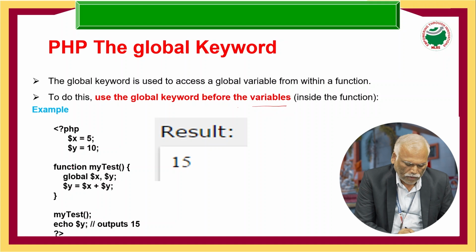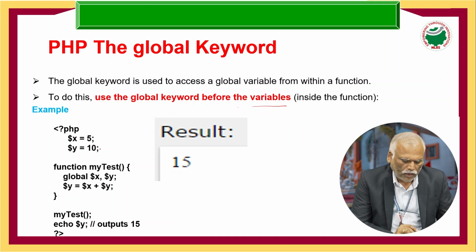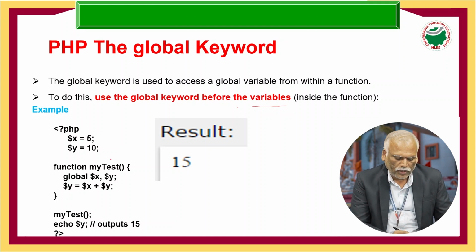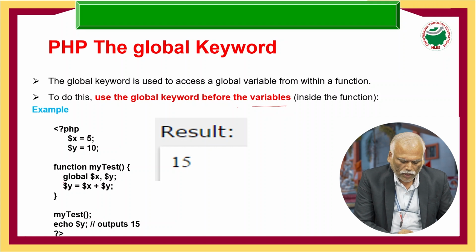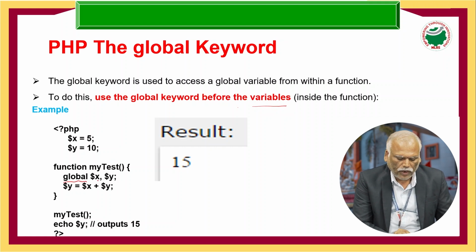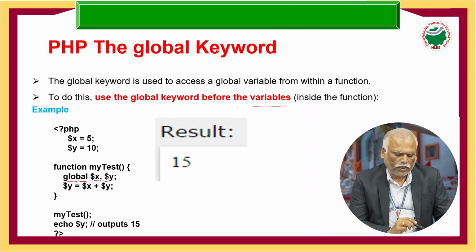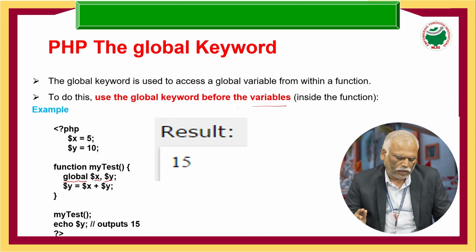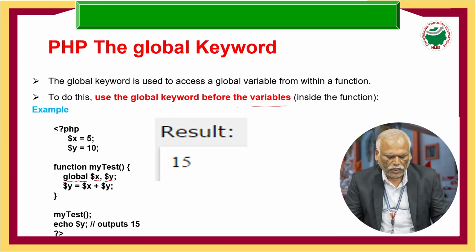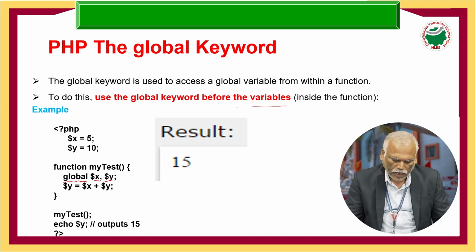For example, $x and $y are defined outside the function, so they are global, and can be accessed by using the global keyword before these variables. This way we can get the result of this statement, where we can access it outside the function and inside the function.